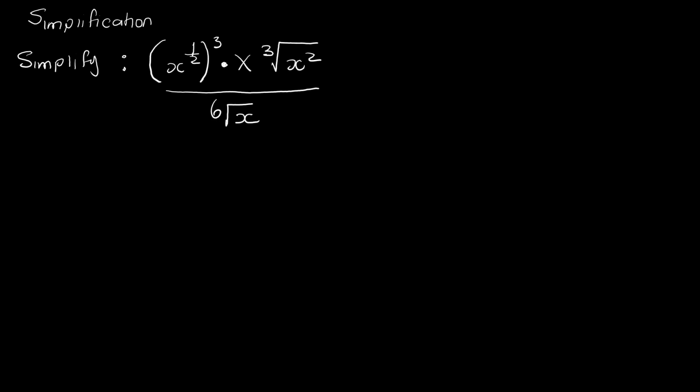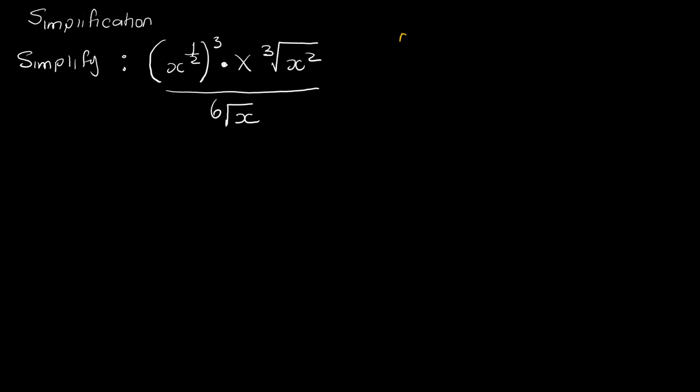Remember that when we work with this type of question, the first thing that we need to do is remove those roots. So we write the roots in the exponential form. Let's just do a quick revision on how we remove the roots.